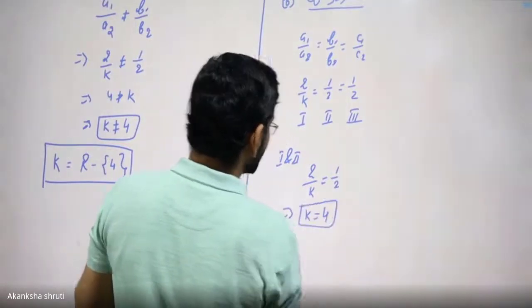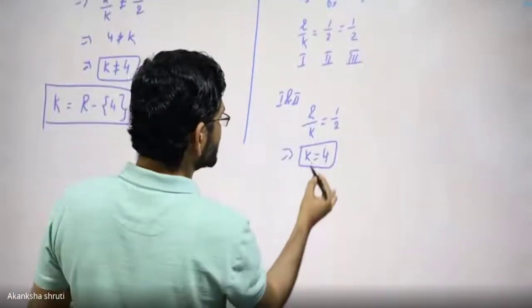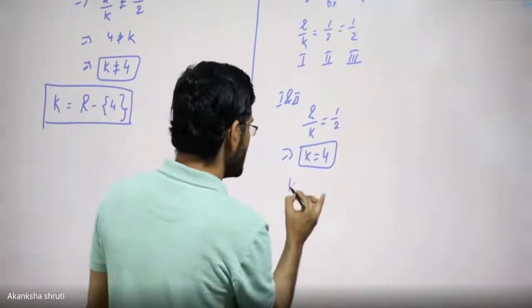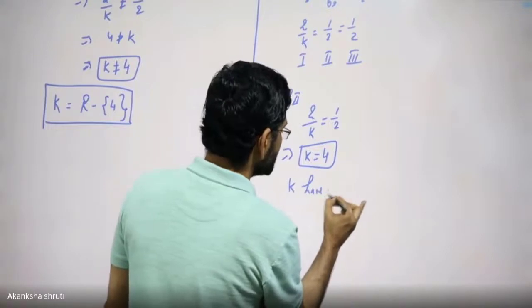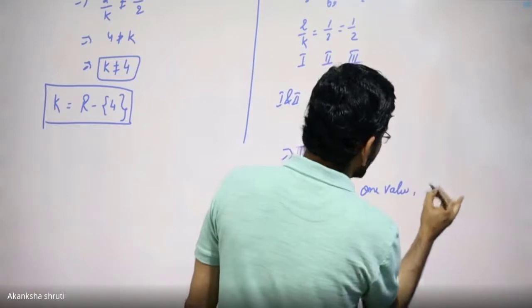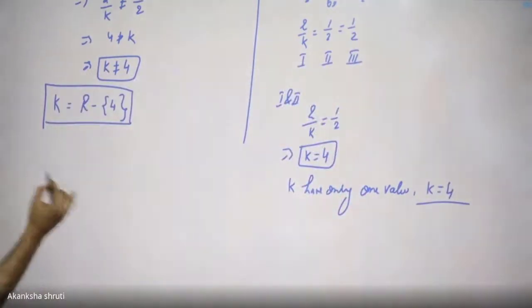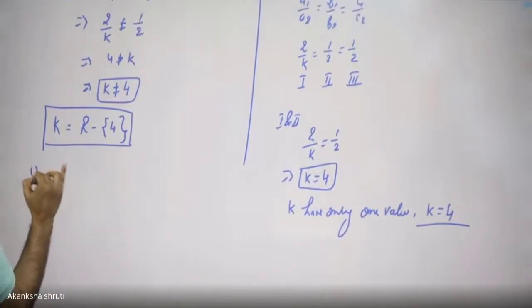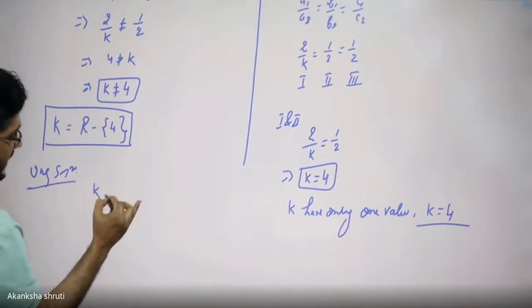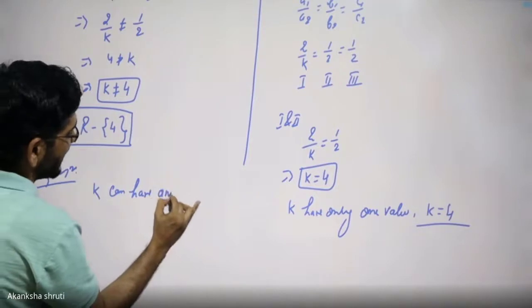So understand the difference. The difference is that for infinitely many solutions, k has only one value, and that value is 4. Students, but for no solution, sorry, for a unique solution, k can have any value.